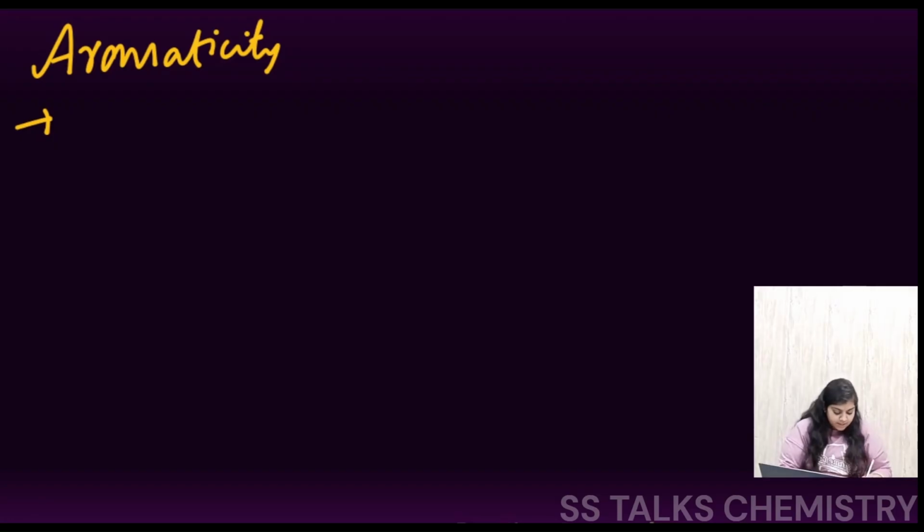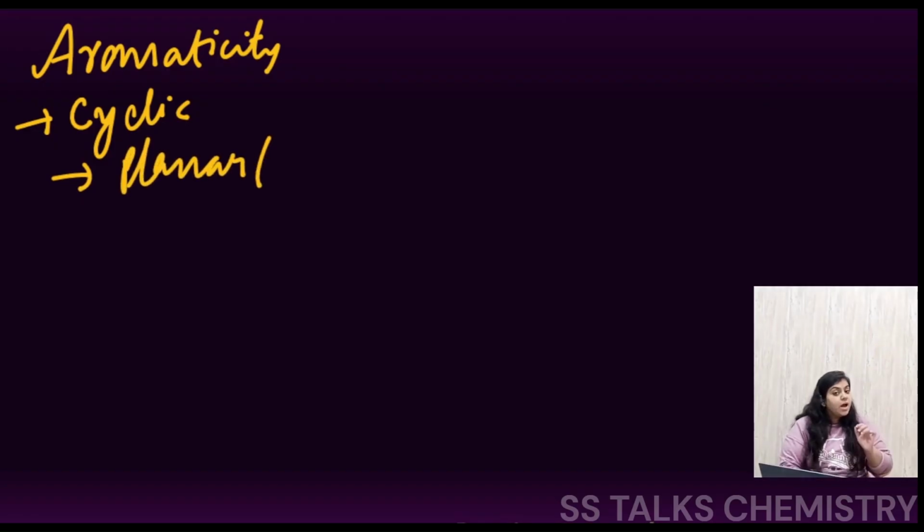Firstly, the conditions for aromaticity to be present in any compound: the molecule should be cyclic. Next, it should be planar, that means all the atoms should be either sp2 or sp hybridized, right?